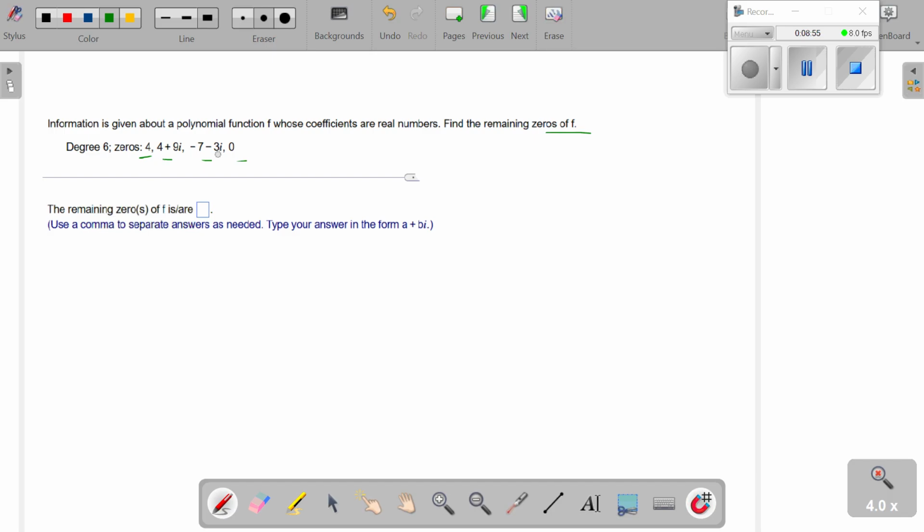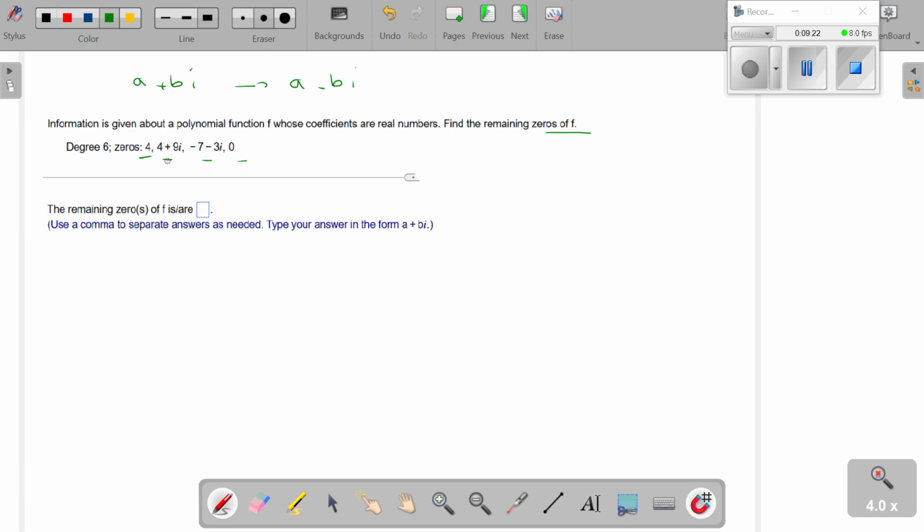Look at the zeros. I have two complex zeros or imaginary numbers here. If I have a complex zero, the conjugate of that number is also a zero of the function. What is a conjugate? If I have a plus bi, this is a complex number, and the conjugate of that is a minus bi. So just change the sign of the term with the i, and that's going to be the conjugate.